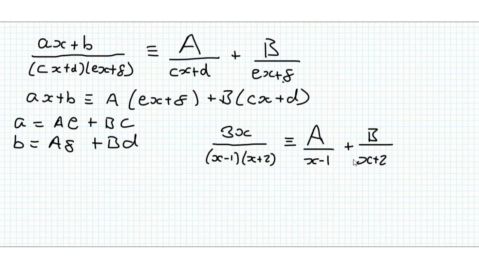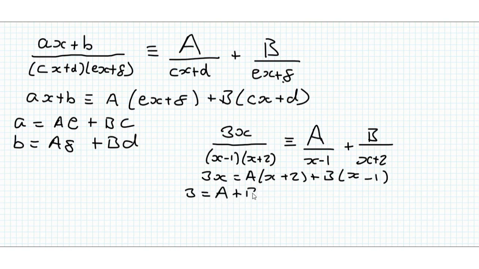So now we multiply it by these, we get 3x is equal to A times (x plus 2) plus B times (x minus 1). So now we know 3 is equal to A plus B, and we also know that 0 is equal to 2A minus B, and that very quickly implies that B is equal to 2A, and we can substitute that into 1.